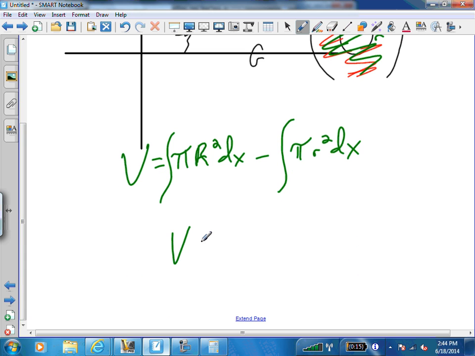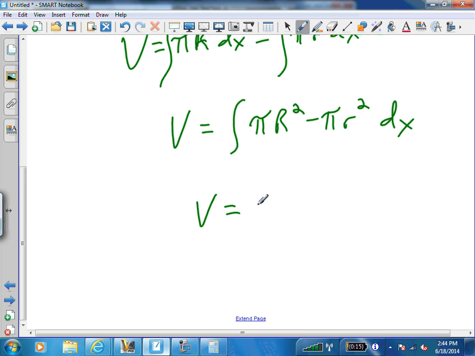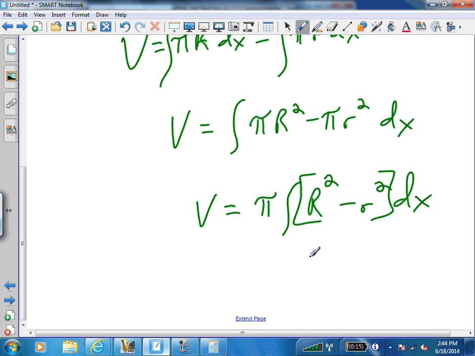Written as a single integral, that's pi r squared minus pi little r squared dx. Factor out a pi, so the outer radius squared minus the inner radius squared. That's called a washer.